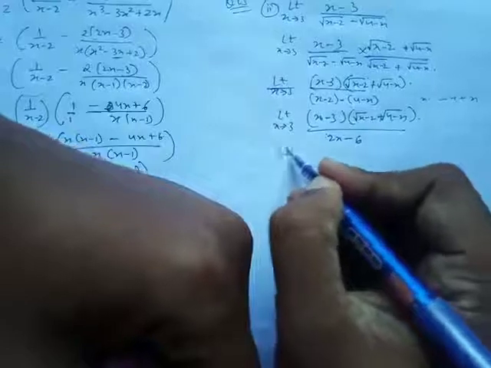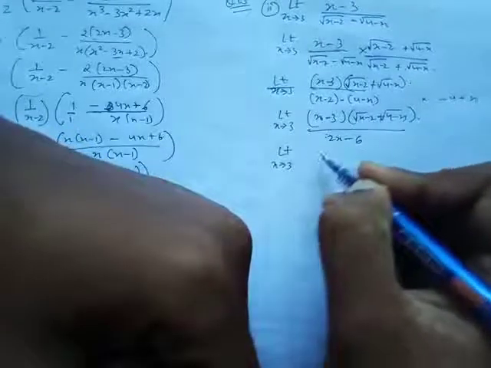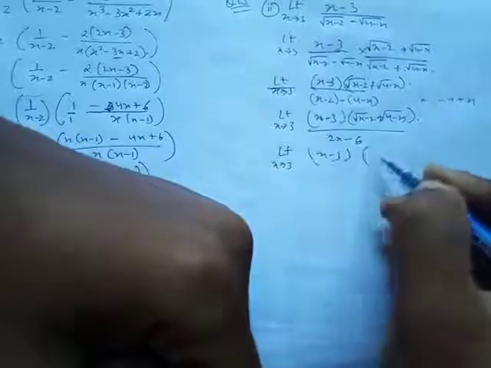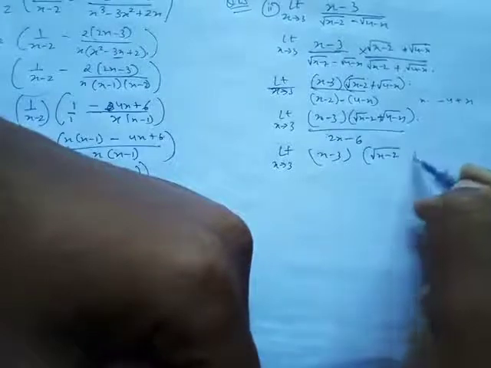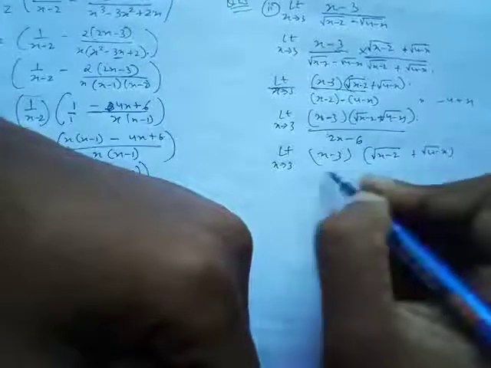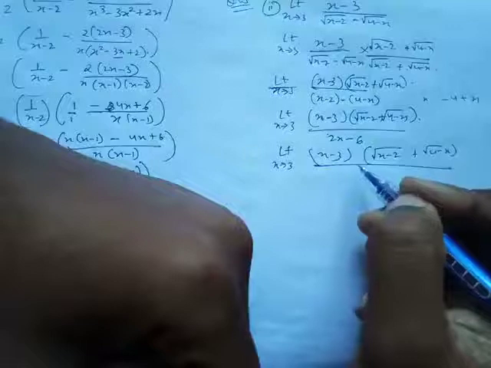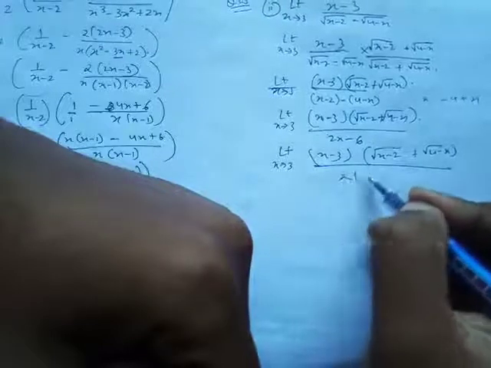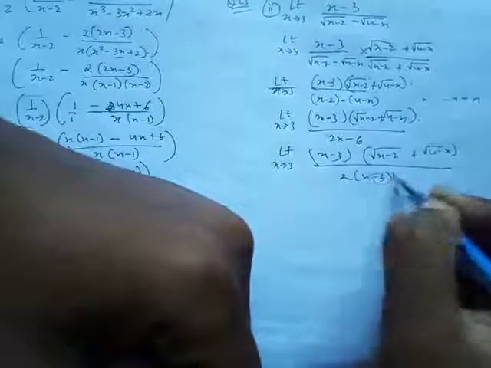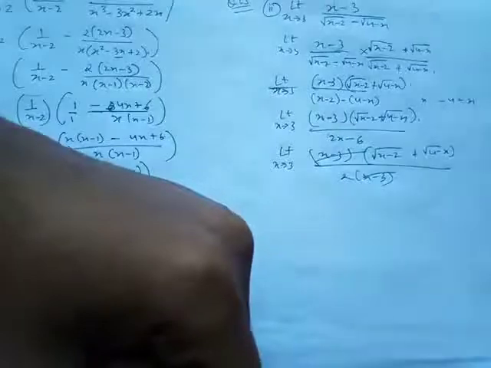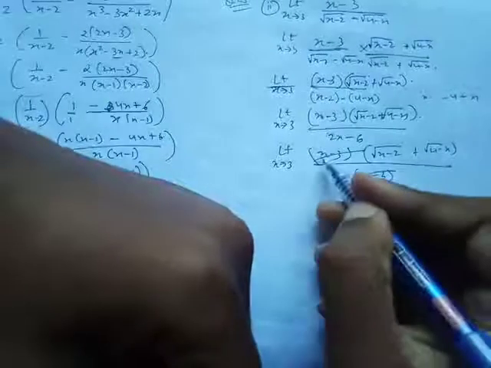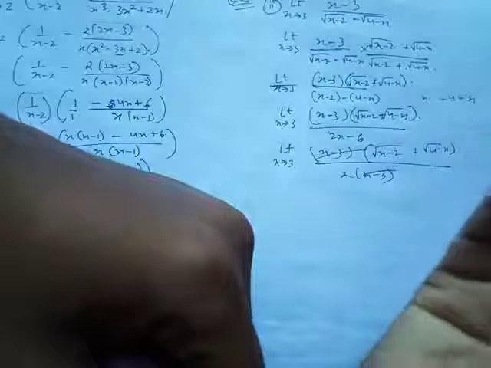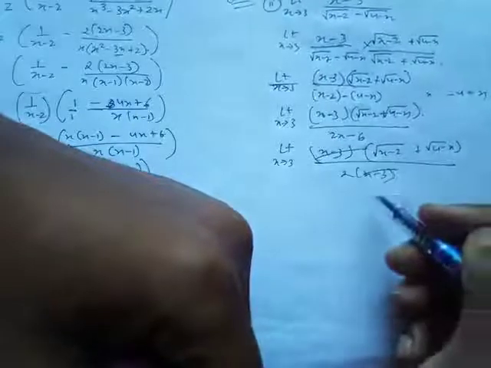But you know very well, x minus 3 I'll write same as it is, square root of x minus 2 plus square root of 4 minus x, and then 2 can be taken common out, x minus 3 is left. So this and this can be cancelled out. So the 0 is gone. If I had put 3, 0 would have come, the whole value would be 0. So it's better that I removed this, cancelled it out. How? By breaking it.